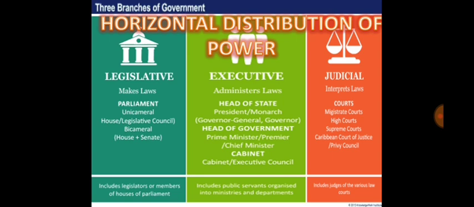They solve conflicts between center and state, between states, and between state and people. They give advice to our president or our executives as per the need. So these are the horizontal distribution of powers: legislature, executive and judiciary.